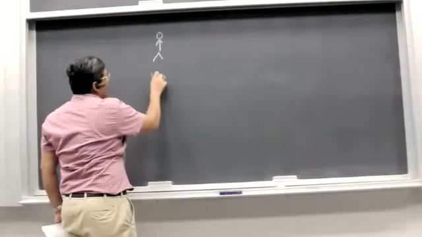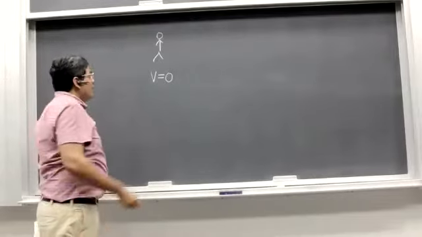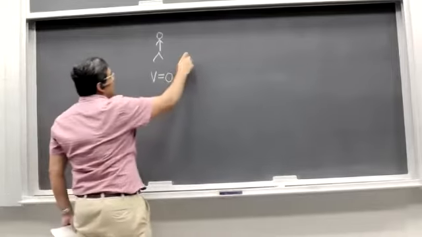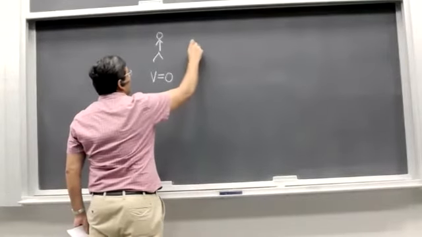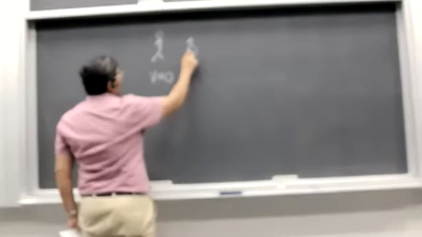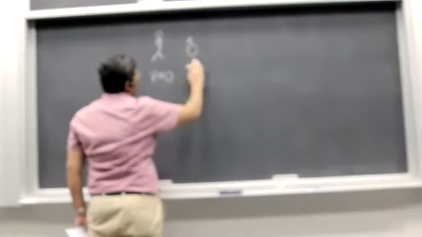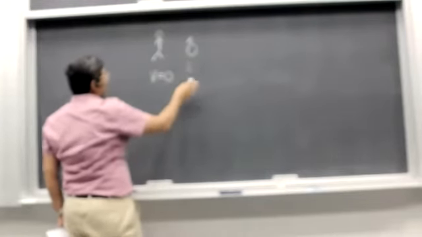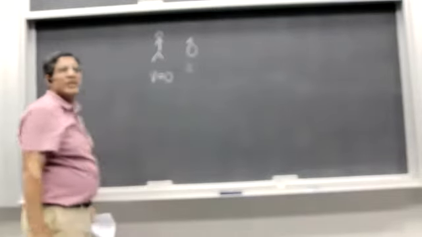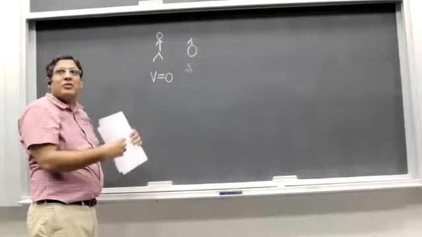So you are floating in space with 0 speed, because I choose the frame of reference to be set on you, and then you have an apple next to you, again floating in space, and the velocity of the apple with respect to you is 0. So both of you have the same velocity, and with respect to each other, the distance between the two of you is not changing. Both of you are not accelerating with respect to each other.